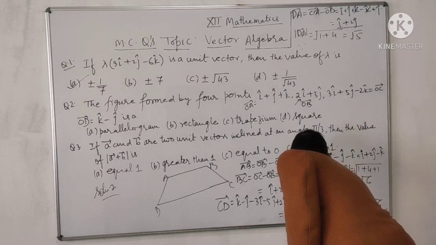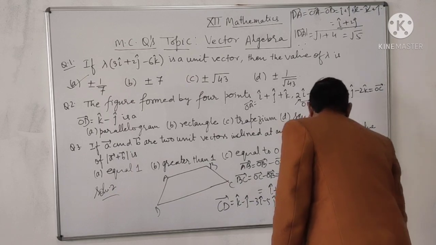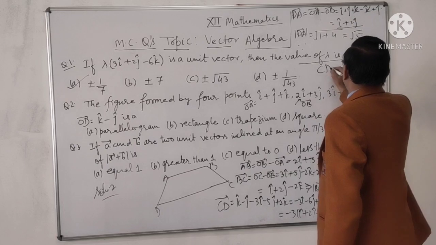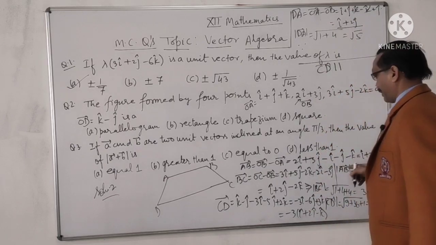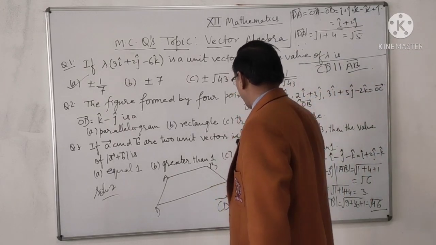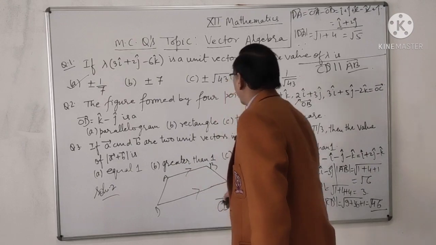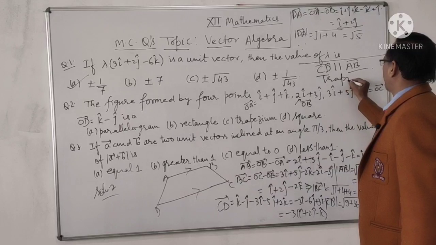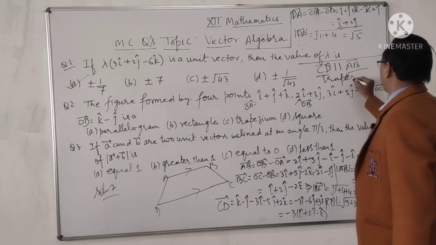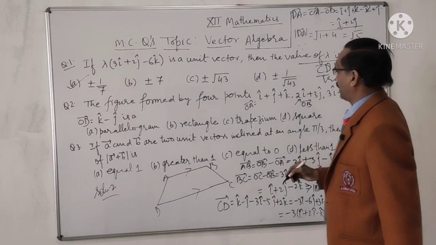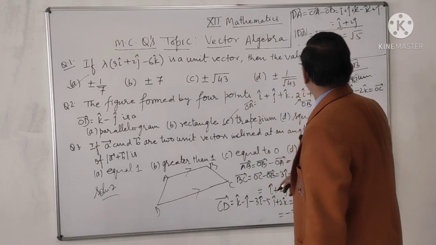If we take minus 3 common, then it is i plus 2j minus k. This vector is parallel to the CD vector. CD vector is parallel to the AB vector. So since CD is parallel to AB, therefore the figure is a trapezium. It is a trapezium. And option C is correct.